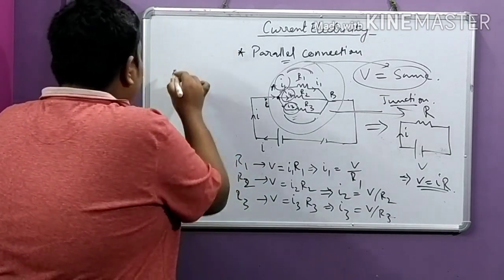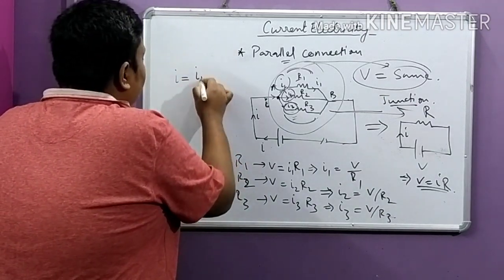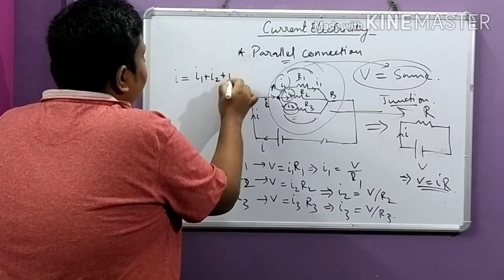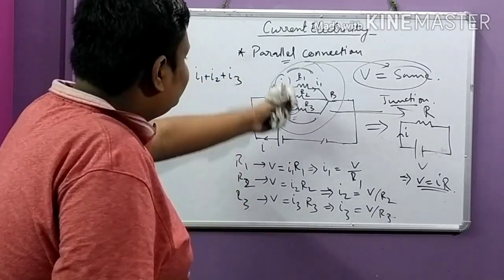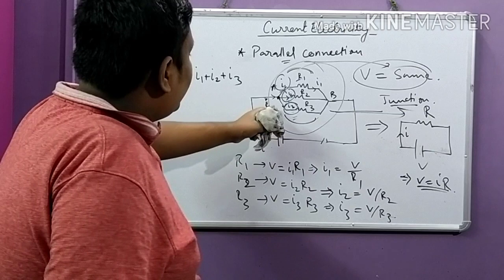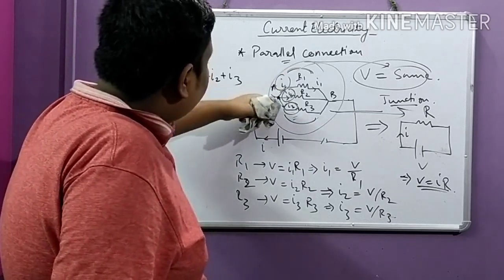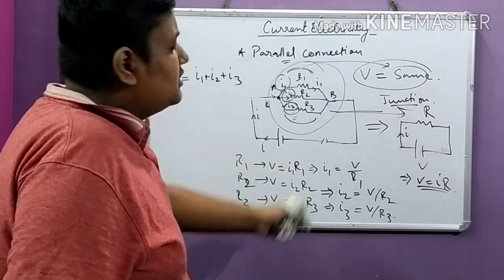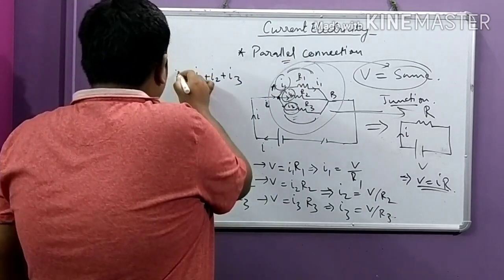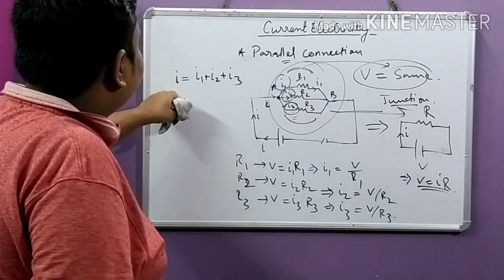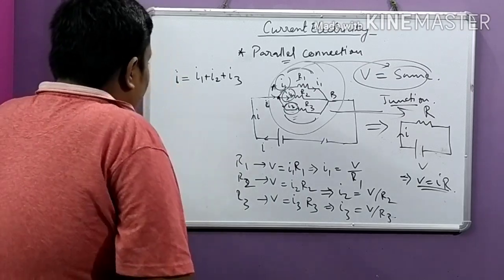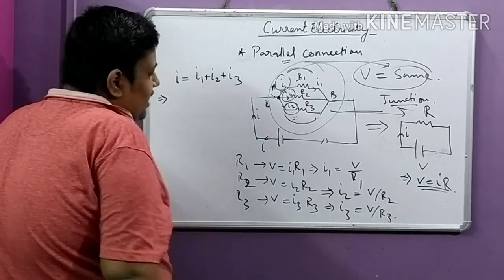So we know I will be equal to I1 plus I2 plus I3. The same current I gets divided, so the amount of current coming from here will be the sum of the three currents. From that fact we can write this equation. Now just put the values of I1, I2 and I3.